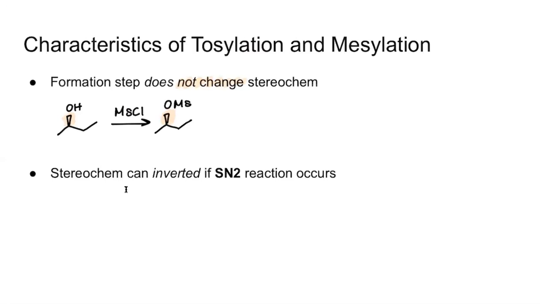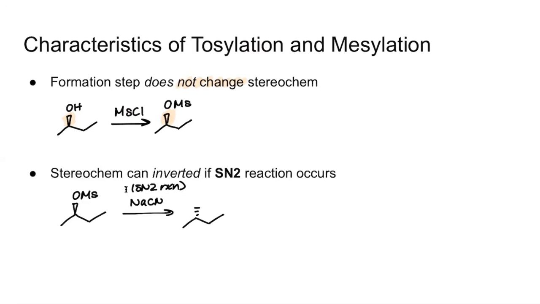So the only point where stereochemistry is going to change is if, for example, you were to do an SN2 reaction. So if we were to take this guy, let's do NaCN, and I'm just going to go ahead and focus on the SN2 reaction for now, because that's how I show you the stereochemistry.